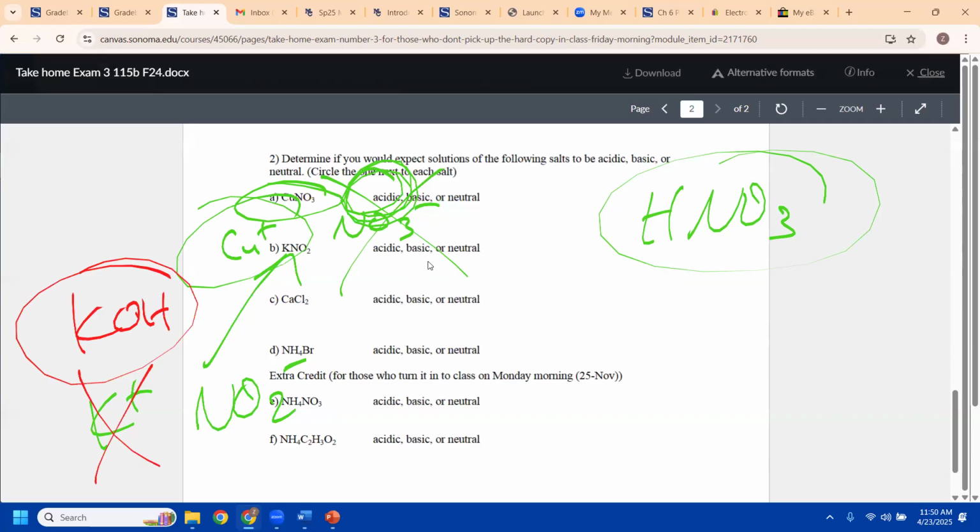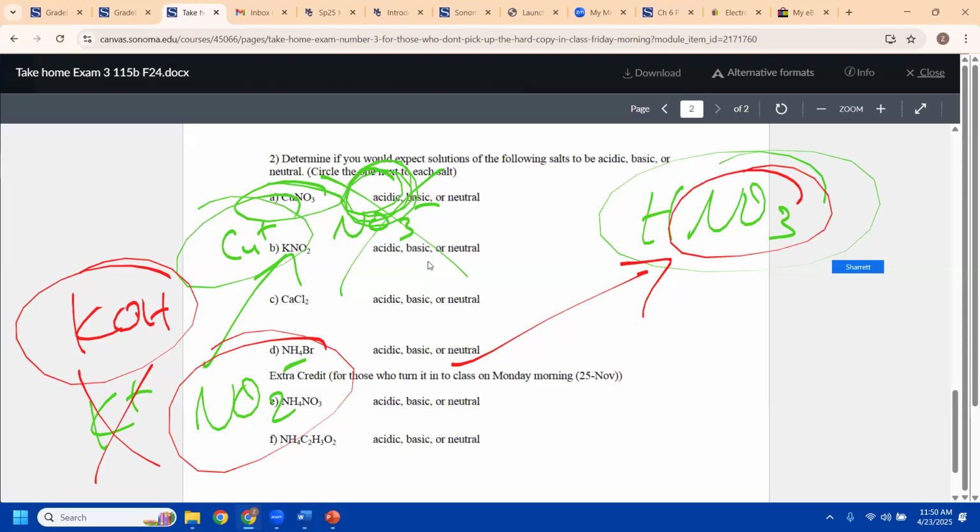Only if you want to be successful, okay? You don't need to know it. NO2 minus, does that come from a strong acid, Alondra? The only strong acid that has a polyatomic ion is NO3. That's not NO3, so that must be a conjugate of a weak acid, which is basic.